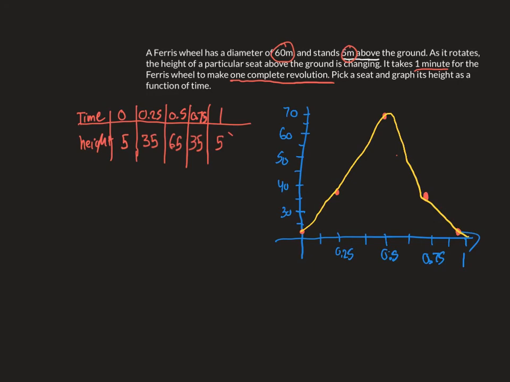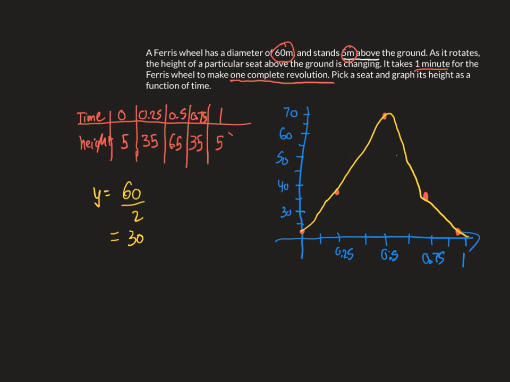So remember, the formulas we got, max plus min divided by 2. What's my max? Well, I know the diameter of my wheel is 60, so that's my max completely. Divided by 2, which is 30. So you know I'm going by increments of 30s here.